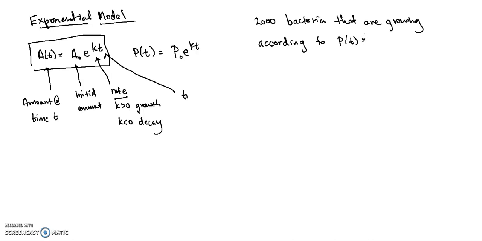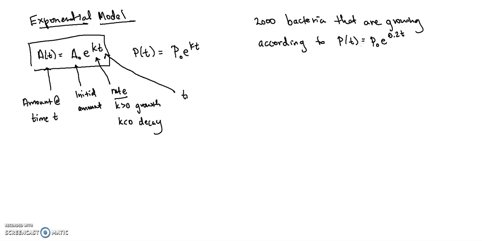So let's say we have P of t equals P naught e to the 0.2 t. Alright, so we're given the equation for this one. We're given the rate constant here, and we're going to use it for this problem.